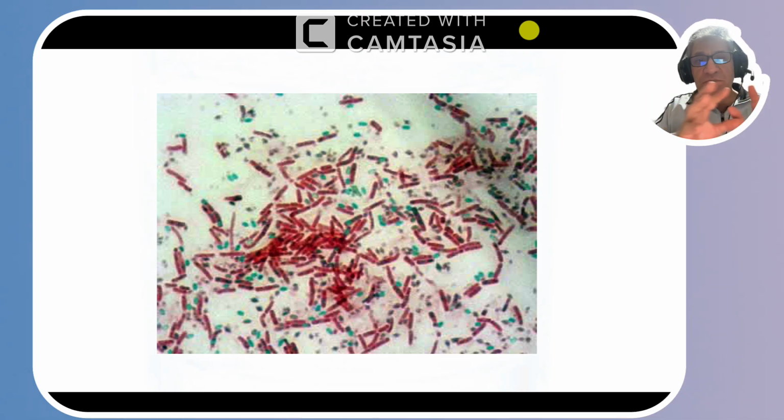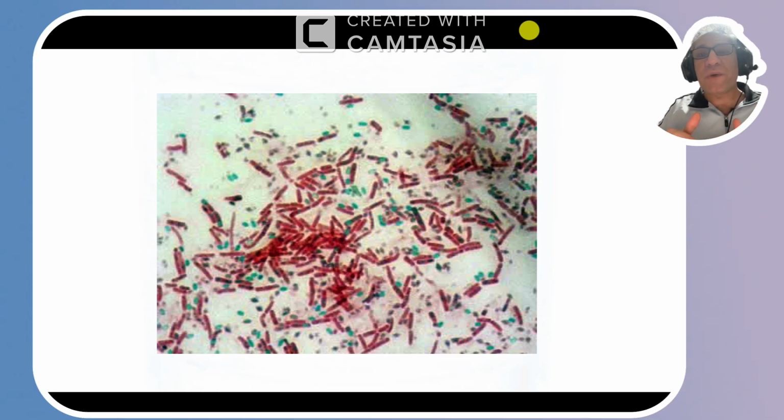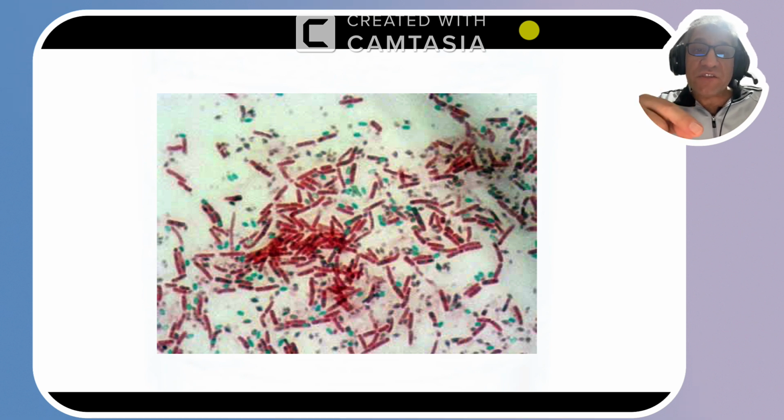The spores will be stained by a specific color, and the cell will be stained by a specific color, of course. Look here, it is red and green. The green is the color of the stained spores, and the red is the cell around the spores.